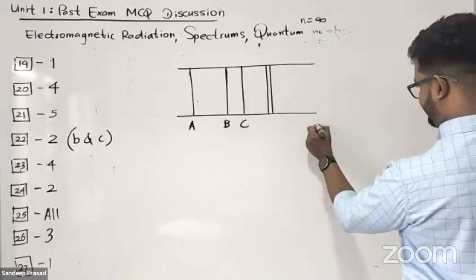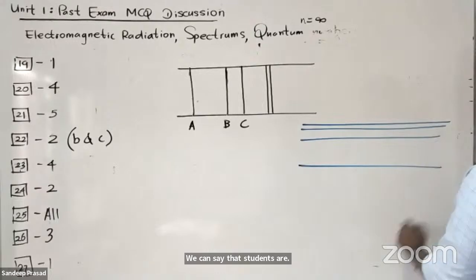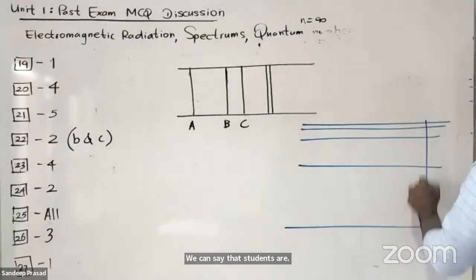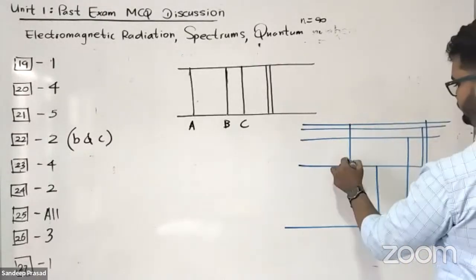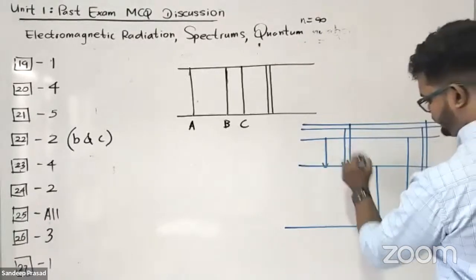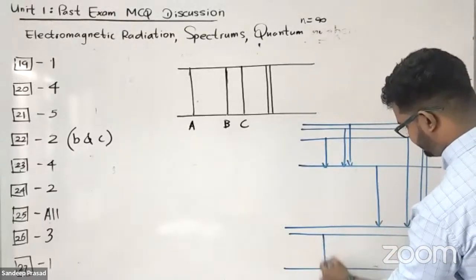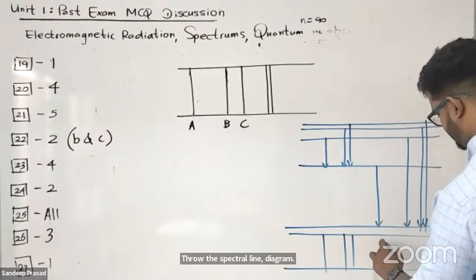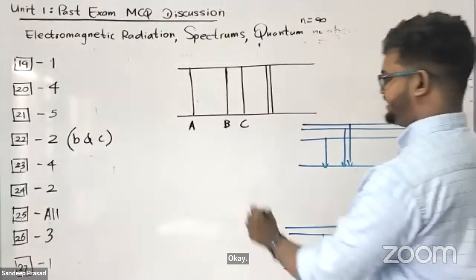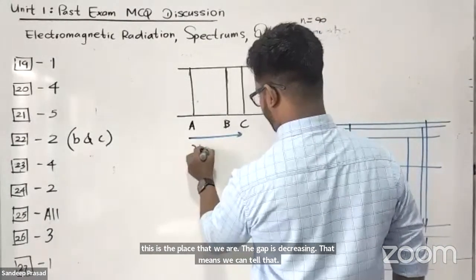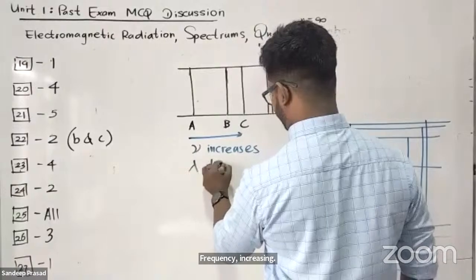We can say that, students, when you draw the spectral line diagram in this way, this is the place where the gap is decreasing. That means we can tell that for this direction, frequency is increasing. Okay. Lambda, wavelength, is decreasing.